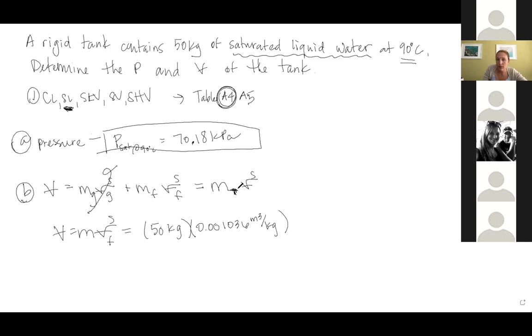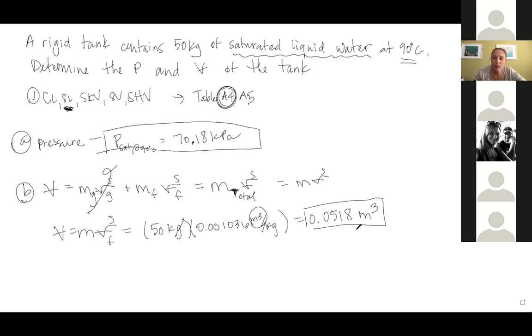Yeah, so this is a T for total. But you can also just put nothing, right? So you can also just put mass times specific volume. I was just trying to change it from here, right? Because we know our total is these masses added together. And then multiplying these out, you get 0.0518 cubic meter. That's what we do for all the saturated liquids when we're not given vg.